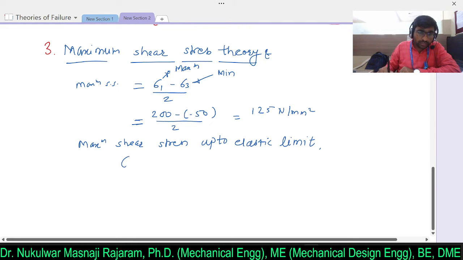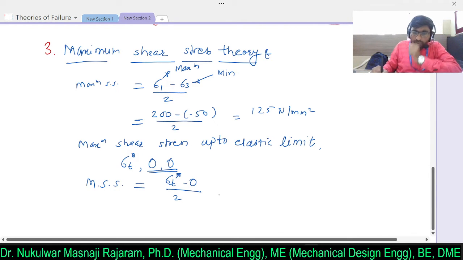Now up to the elastic limit there is one tensile stress, then 0 and 0, because no other stresses are present. Clear? So I can evaluate the maximum shear stress up to the elastic limit by using this formula, 200 minus 0, as the minimum value of stress is 0, divided by 2.